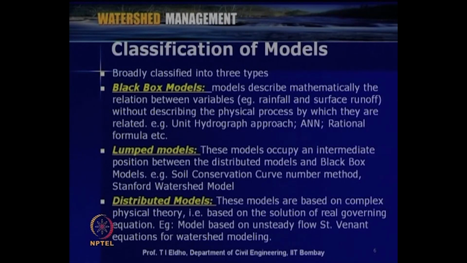For example, in an artificial neural network, by collecting data for a long duration, maybe many years, on how the runoff takes place at a particular location or at the outlet of a watershed, if we know the rainfall and runoff, then we can identify a relationship valid for that particular location.